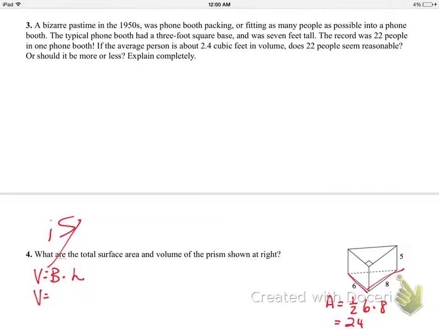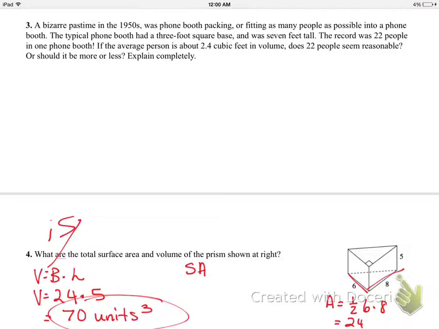The area of the base times the height, 24, and my height is 5, equals 70 units cubed.